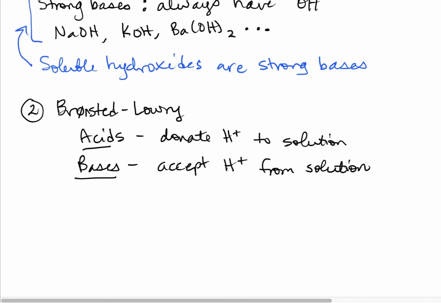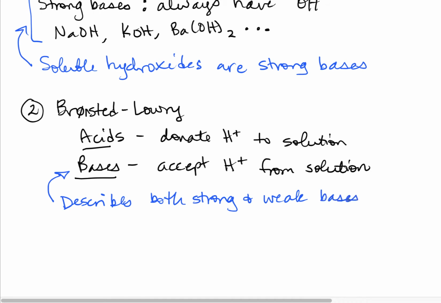So now this allows us to talk about both strong bases and weak bases. So the Bronsted-Lowry tends to be a bit of a stronger definition, and we're going to mainly stick with the Bronsted-Lowry definition for acids and bases.